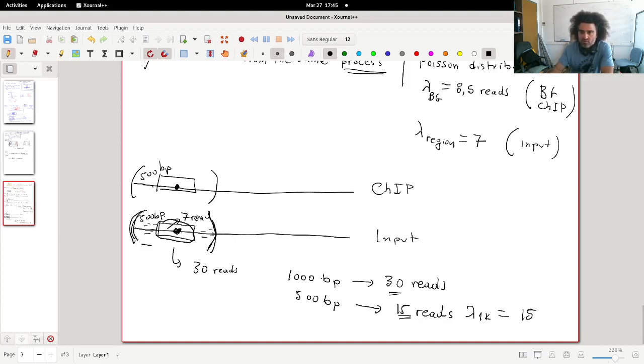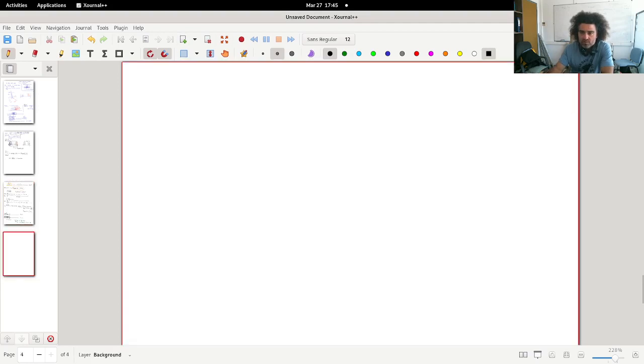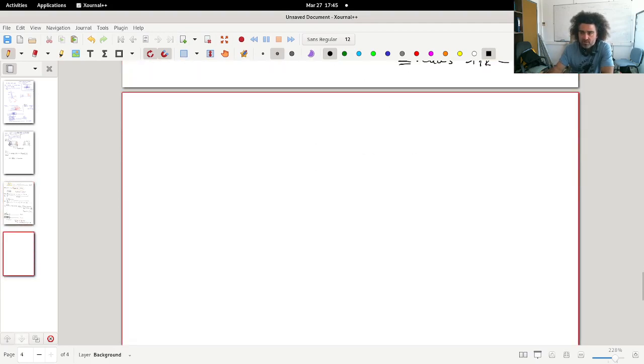Okay, so up to now we have three values of lambda. We have the lambda background, which we calculated to be 8.5 here.